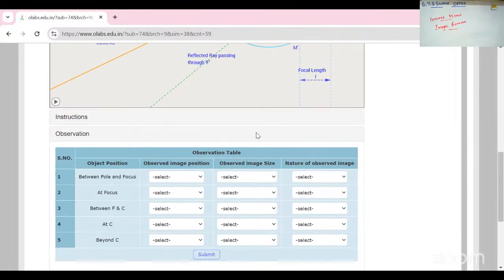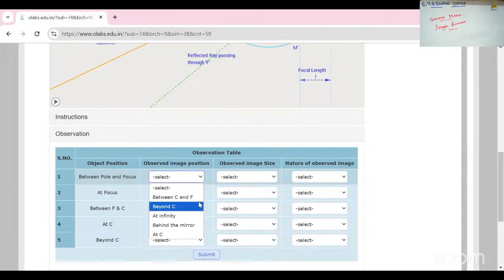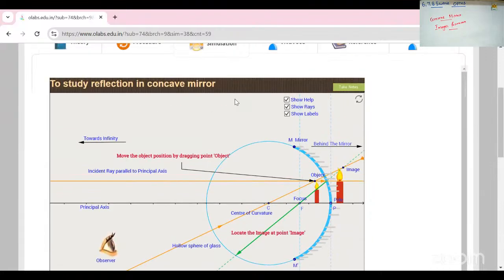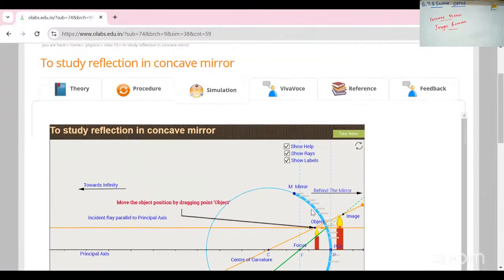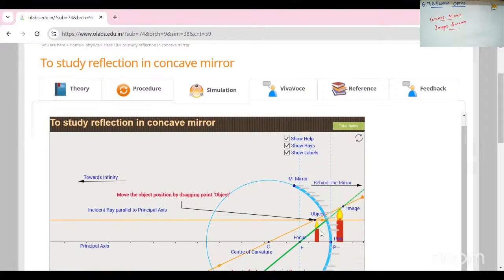It is behind the mirror. We have to record the image position, the image size and the nature of the image. Where is it? Yes, it is behind the mirror. How is the size? It is large, which is called magnified. How is the image? Yes, it is virtual and erect.